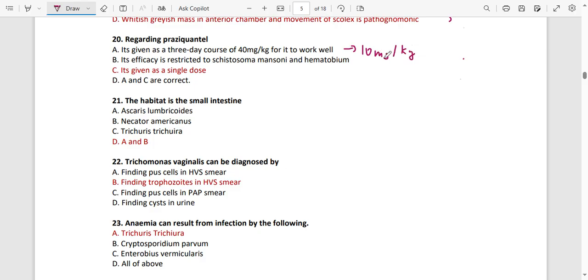From the trusted sources, I was trying to find out, the WHO recommended dosage for Praziquantel is 20 milligrams per kg. So this just disqualifies this option. It is given as 10 milligrams per kg according to the lecture notes, and 20 milligrams per kg according to the research I made, for 3 days. So that's why I removed A and C and picked just C.